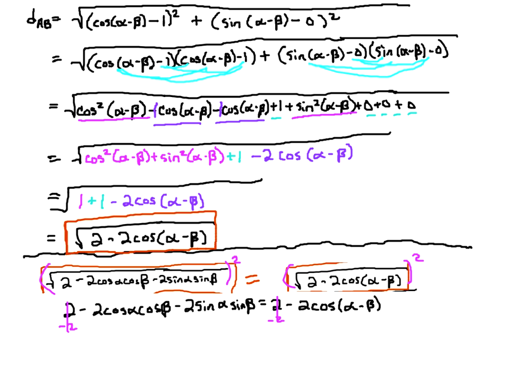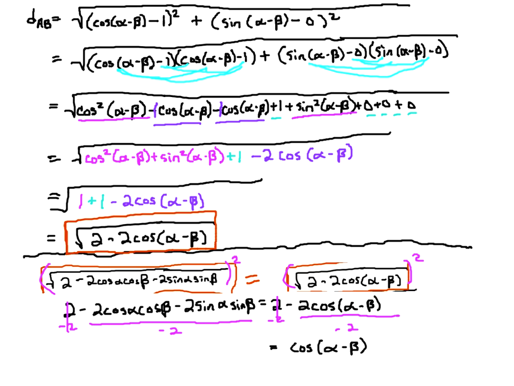And then I can come back. I've got a -2 factor in all of these, so I can divide out a -2. And I end up getting my cosine difference formula here.